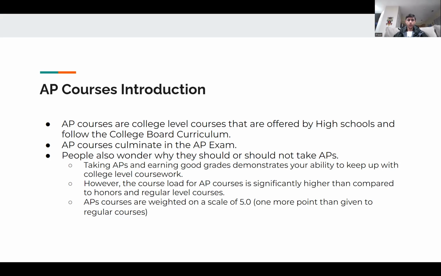AP courses are something that a lot of people debate: whether you should take them, whether you should not, how many you should take, what the maximum would be. Well, all this depends on each student. Each individual student is different and has a different capability that they can cope with.